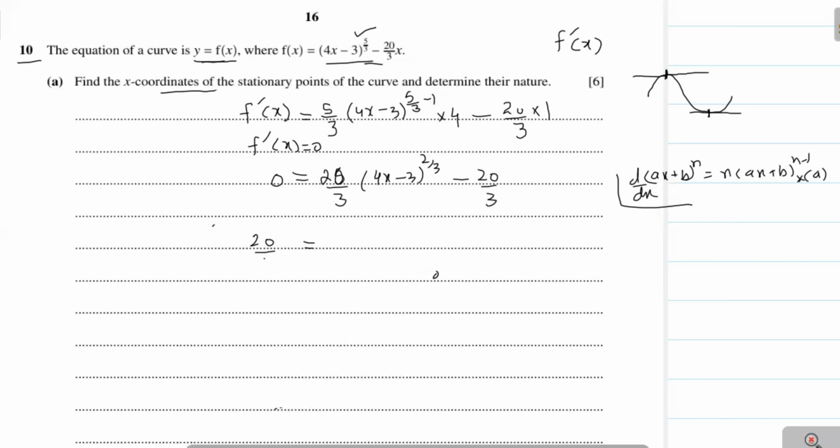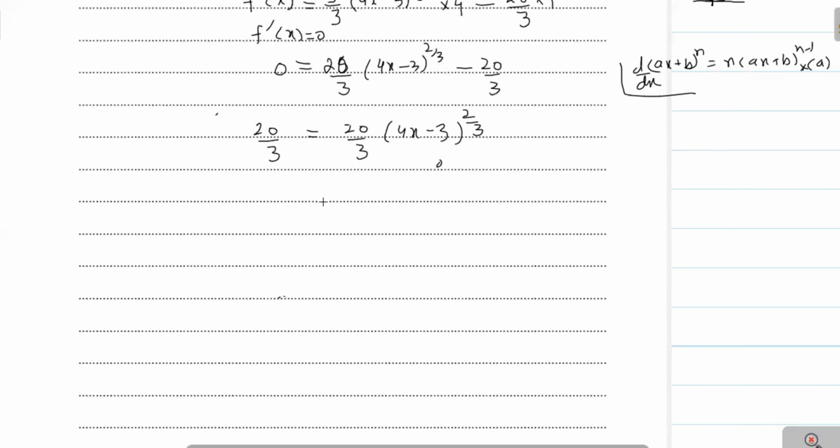That becomes 20 over 3 equal to 20 over 3 into 4x minus 3 power 2 over 3, and this 20 over 3 will be cancelled, and therefore 1 will equal 4x minus 3 power 2 over 3. Now we take the cube on both sides, therefore we get 4x minus 3 squared equal to 1.